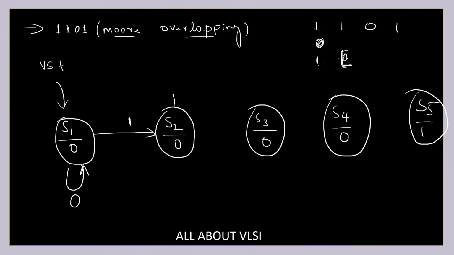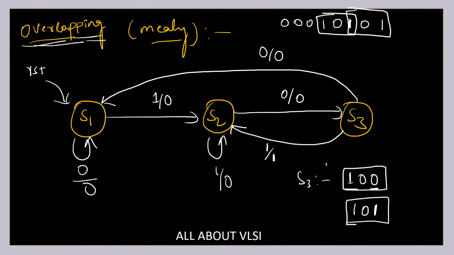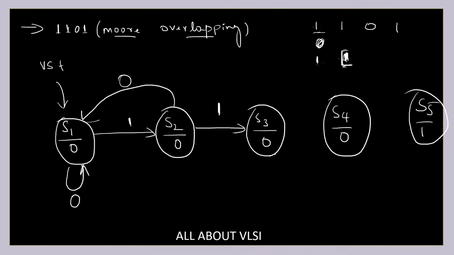So I'm going to S1 state, because in previous sequences when we were discussing, say 101, if I was getting two ones, my sequence is not getting formed, but I can use the second one. In the S3 state, if I got 0, I'm going to S4 state.